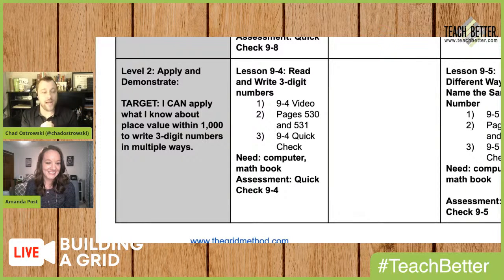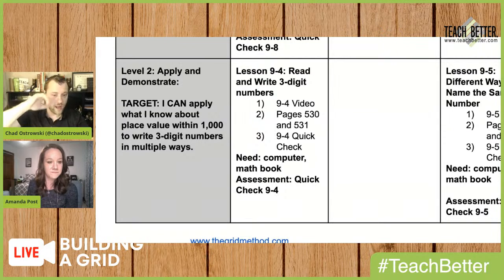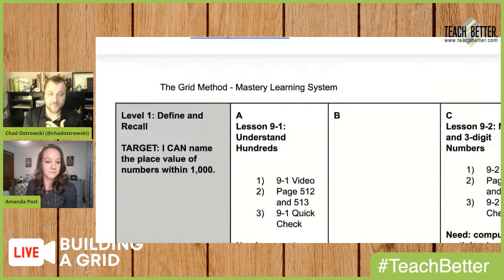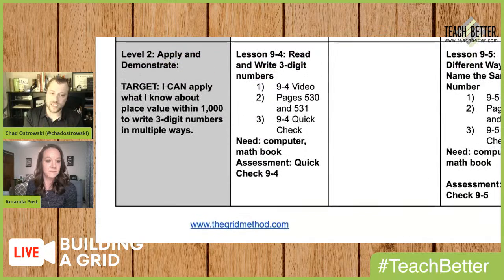So the only thing that I would suggest, and what I have teachers do when we're building grids, is looking at these two targets. Are you happy if we cover applying what they know about place value to be able to write 3-digit numbers, and scrolling back down, if they can name the place value? So level 1's naming those place values.